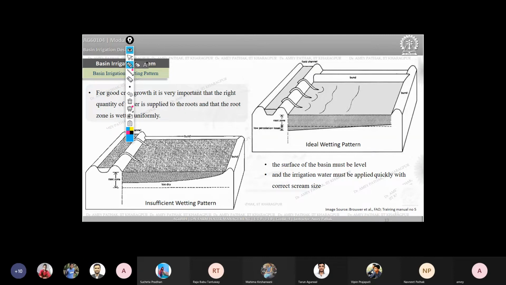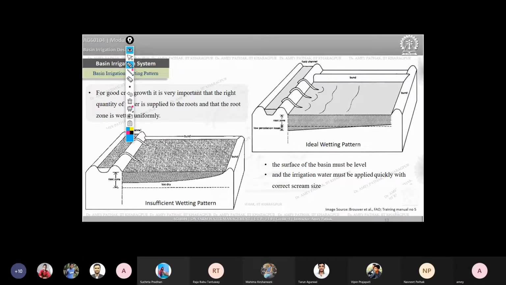This is your soil surface, and this is your root zone, where whatever crop grows, the roots will be. Our objective is to provide irrigation to this much root zone, so this is your required infiltrated depth.